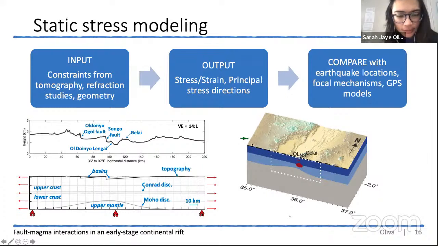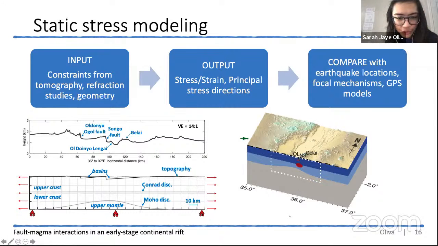Here, I performed 2D and 3D models. The 2D modeling was roughly this cross-section here, and the 3D model was about this plus the same size south of the cross-section.